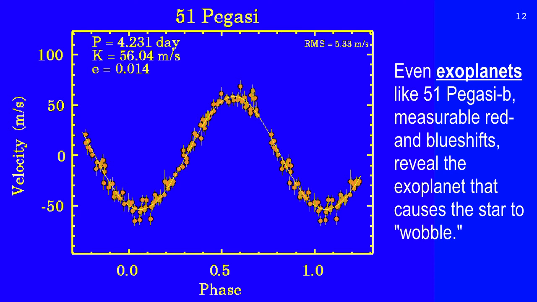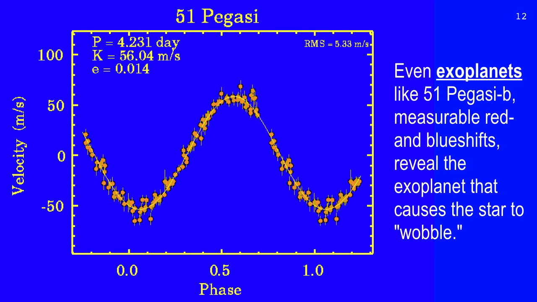Then they convert all those blue shifts and red shifts into a speed away and toward, positive and negative. For this one, the maximum speed plus or minus is about 56.04 meters per second. So it's not really rattling 51 Pegasi very much, but the term astronomers frequently use is wobble.